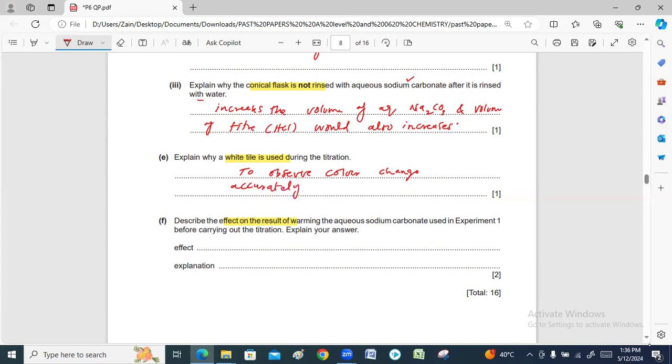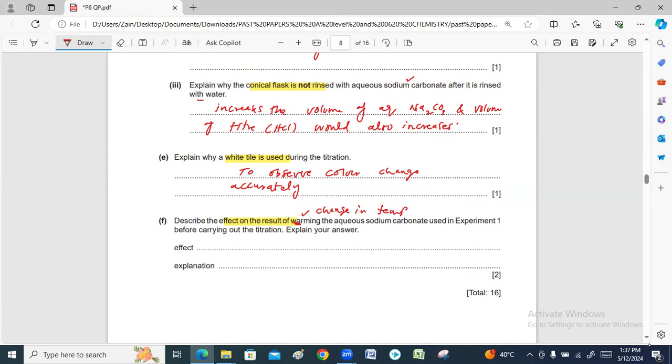Describe the effect on the result of warming the aqueous sodium carbonate used in experiment 1 before carrying out the titration. Explain your answer. If we look at the result, we're just changing the temperature only. There is a change in temperature.